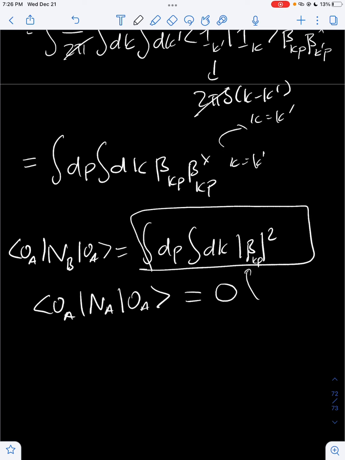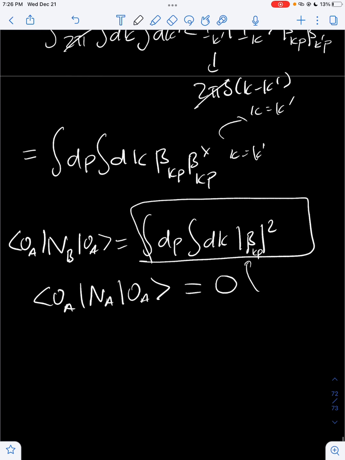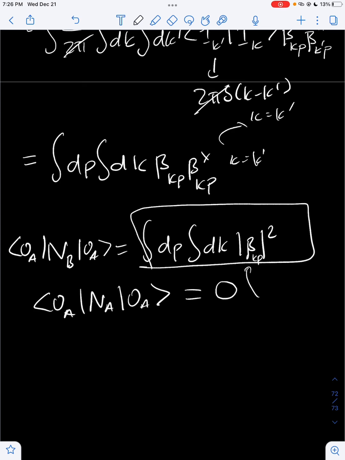And we will be calculating the explicit value for beta for the Unruh effect in a future video. But that's pretty much how semi-classical gravity works in general. In semi-classical gravity, we see a lot of the time that curved spacetime makes different observers disagree on the number of particles in the vacuum.